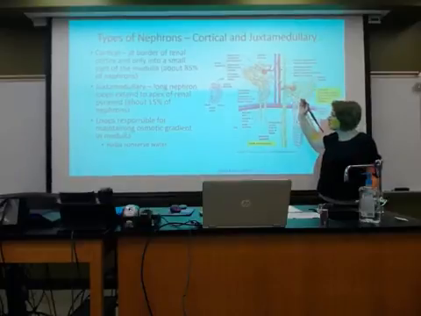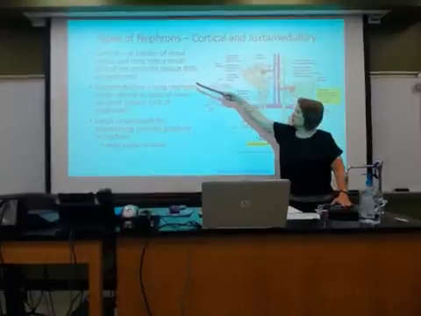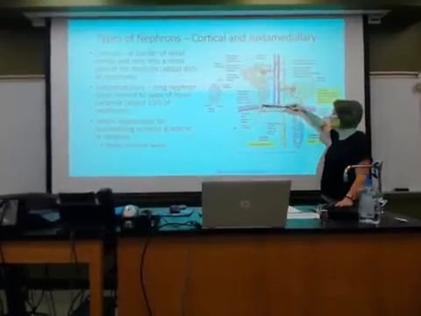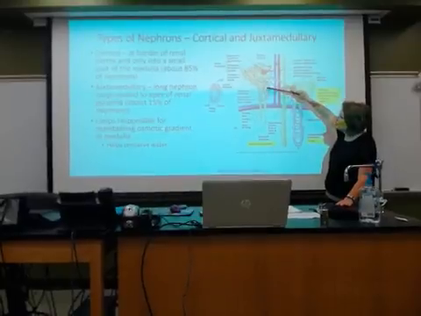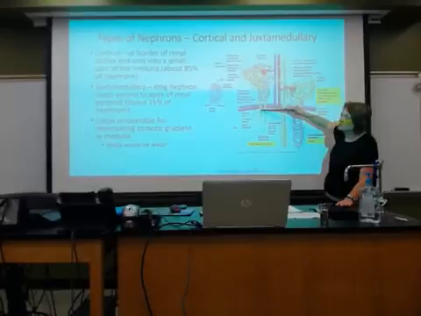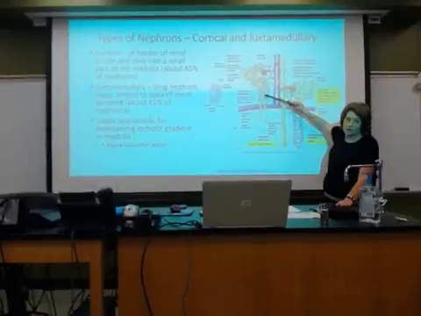Then we're going to have juxtamedullary. Now, cortical, these are going to be at the border of the cortex and just a small portion into the medulla. These make up the largest majority of our nephrons.